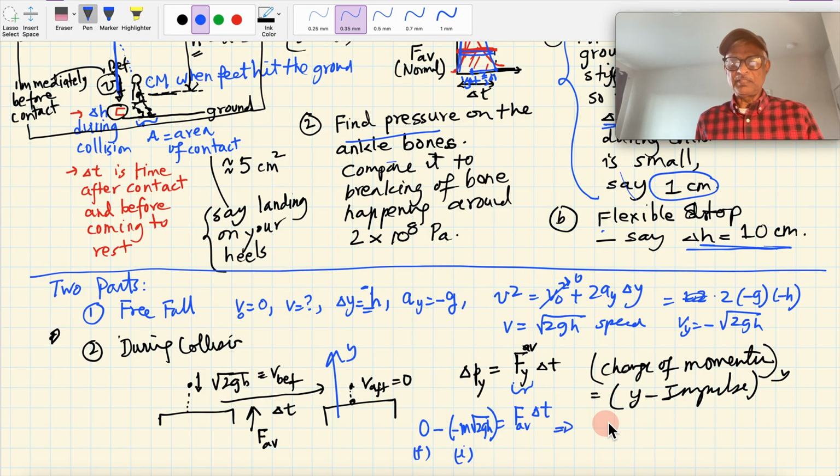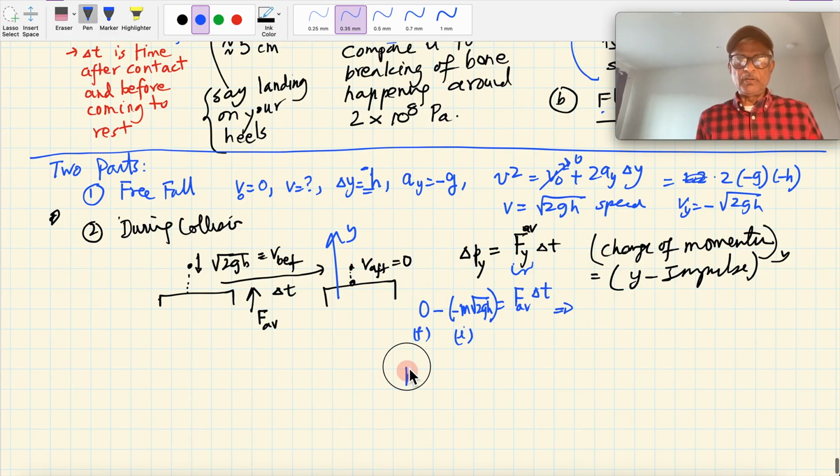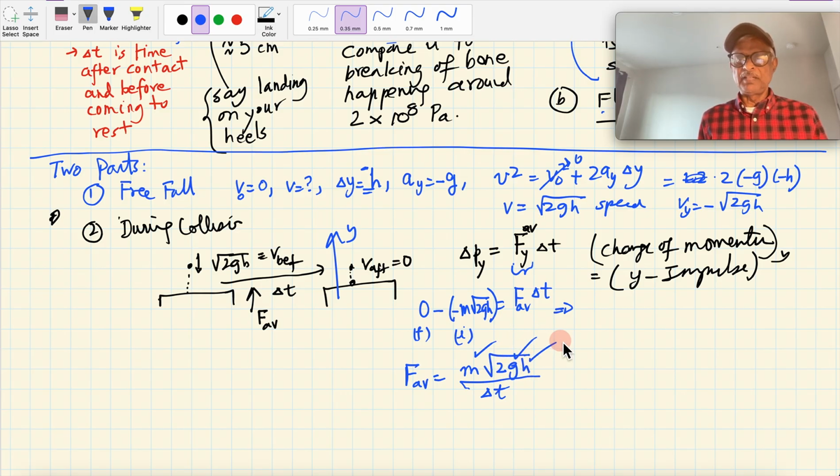So F average is going to be m square root of 2gh over delta t. Everything is given here: g is given, h is given, delta t is given.